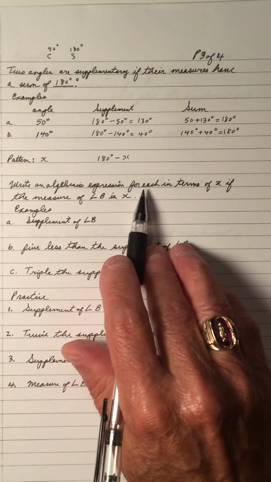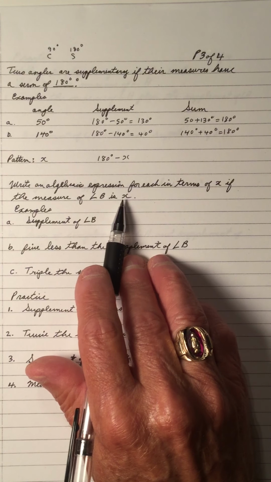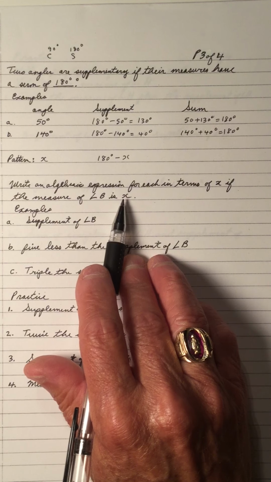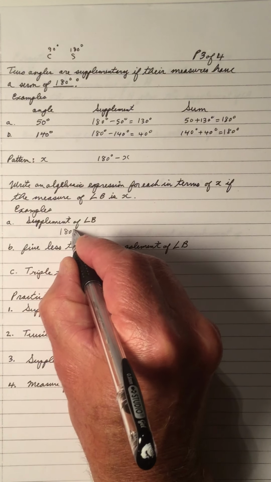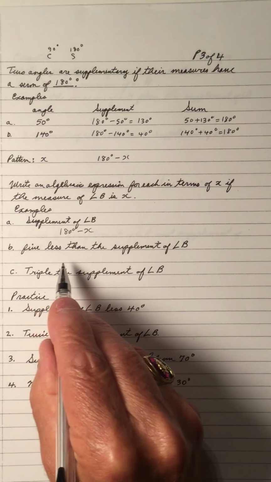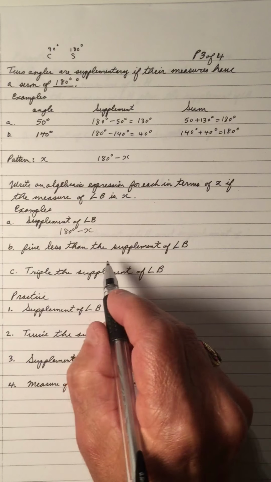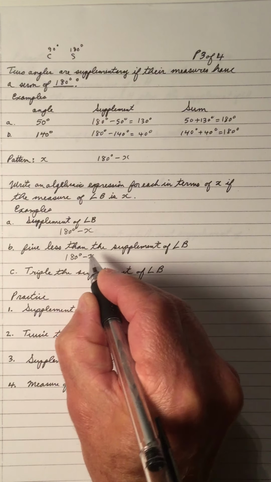Write an algebraic expression for each in terms of x if the measure of angle B is x. Angle B is x, so the supplement of B is 180 minus x. Five less than the supplement of B, so change the order. The supplement of B is 180 minus x.